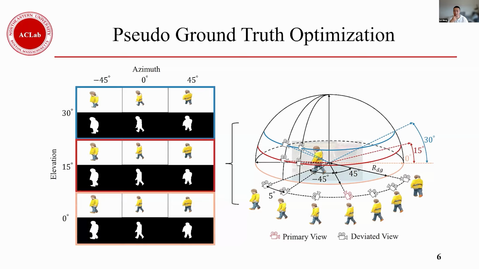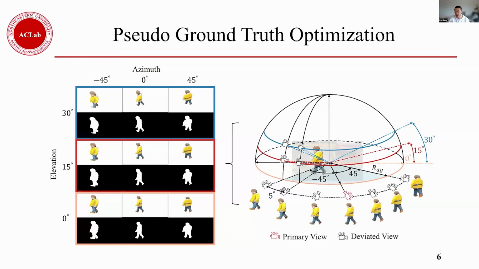The deviated novel viewpoints, shown in black, are sampled by rotating around the object, with azimuth from minus 45 degrees to 45 degrees in 5 steps, at 3 elevation levels: 0, 15, and 30. So the Gaussian mesh and the dome together provide the pseudo ground truth from all these angles.